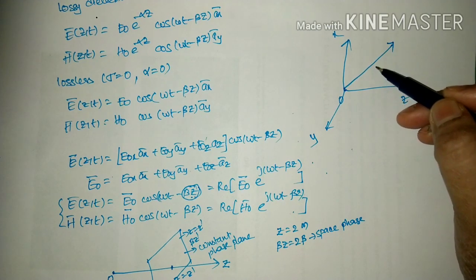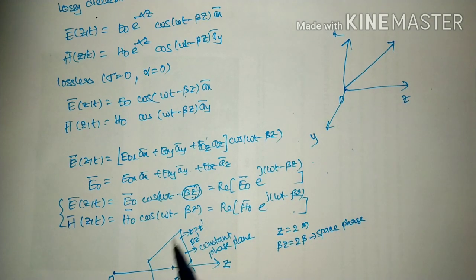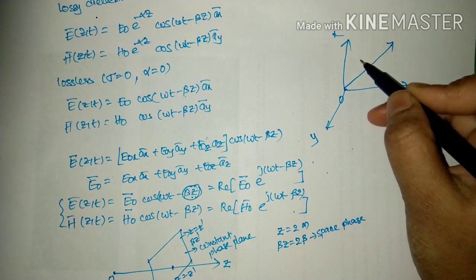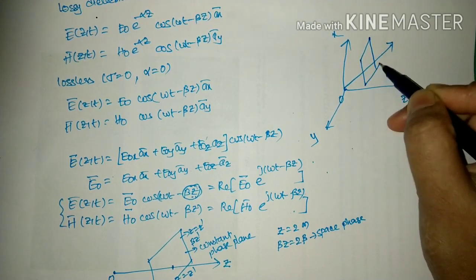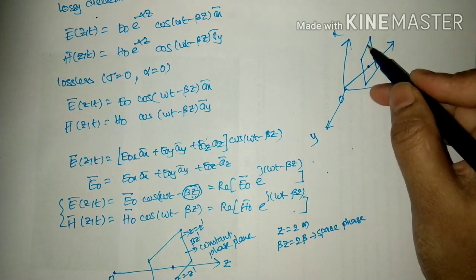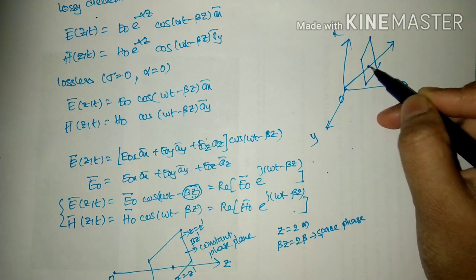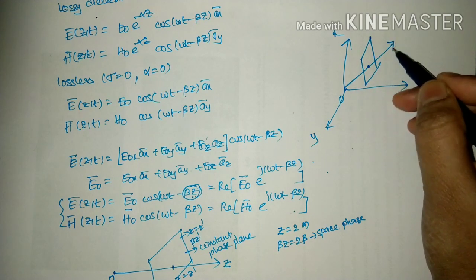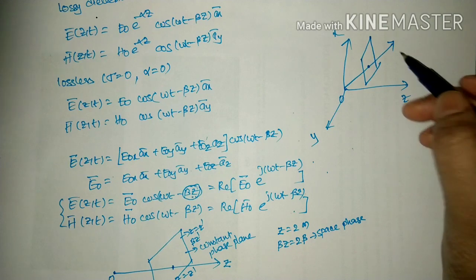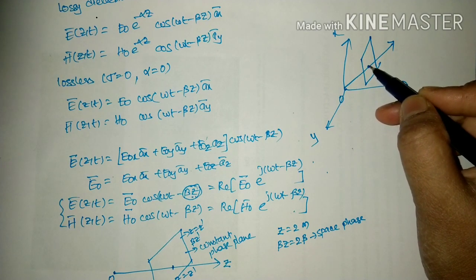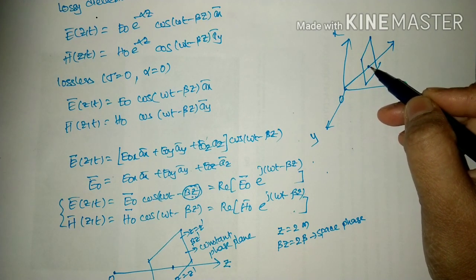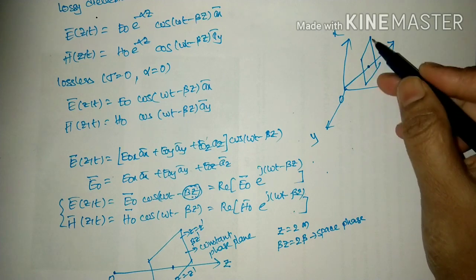If you know the expression for the constant phase plane, the constant phase plane will be normal to the direction of propagation. On this plane, the phase will be constant for the wave propagating in this particular direction. So how to know the equation for this plane and how to calculate the phase on this plane?